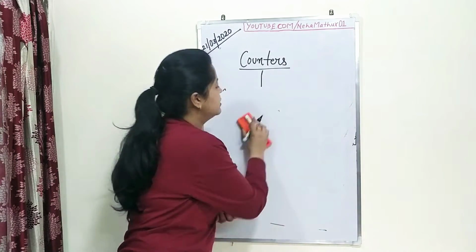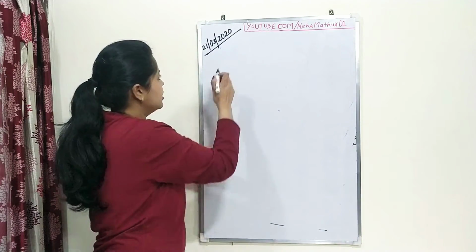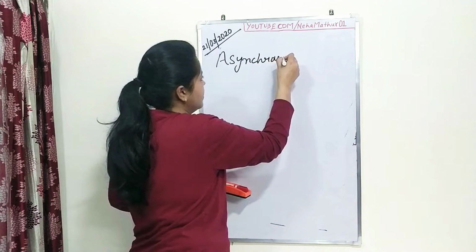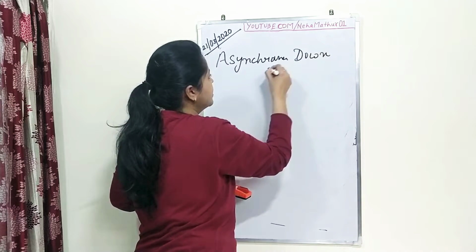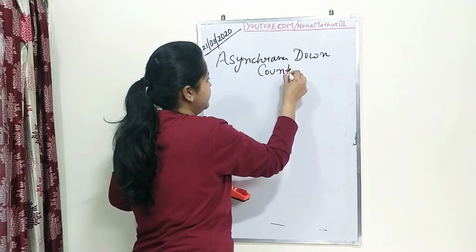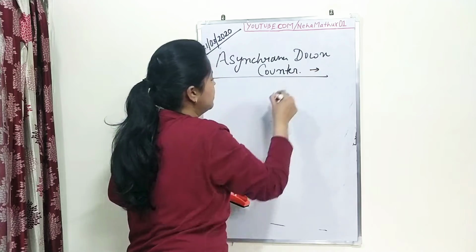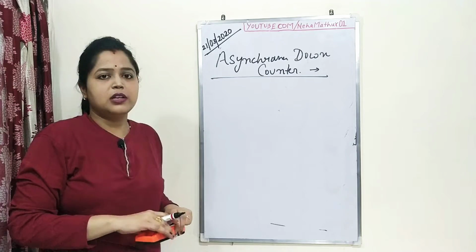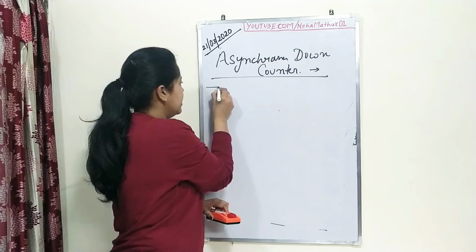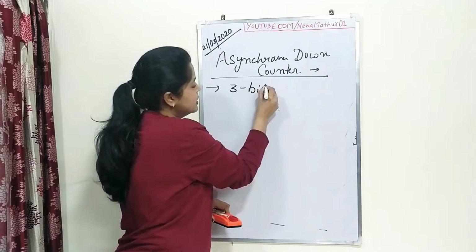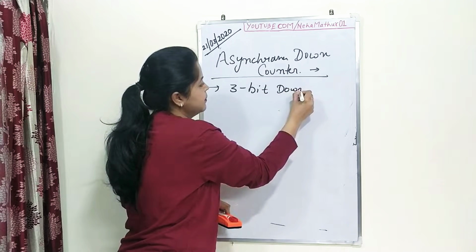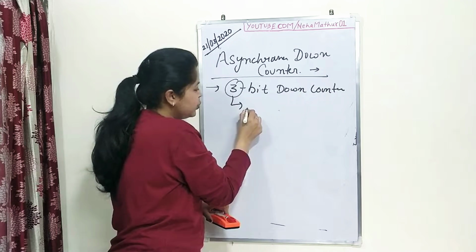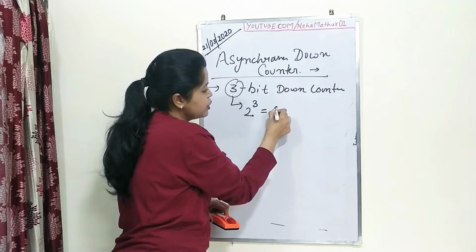So now we'll start with the asynchronous down counter. In order to understand the proper designing of the asynchronous down counter, here I am going to design a 3-bit down counter. 3-bit, that means 2 raised to the power 3 is equal to 8.